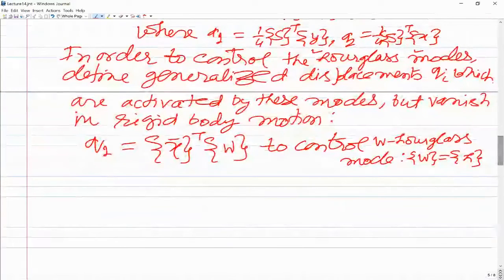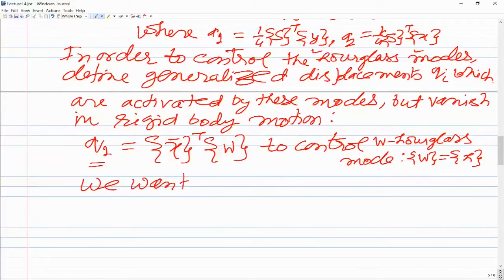Whatever generalized displacement we are defining, we want it to be zero for the rigid body mode and non-zero for the hourglass mode. So we want q1 to satisfy the following, as I already stated.